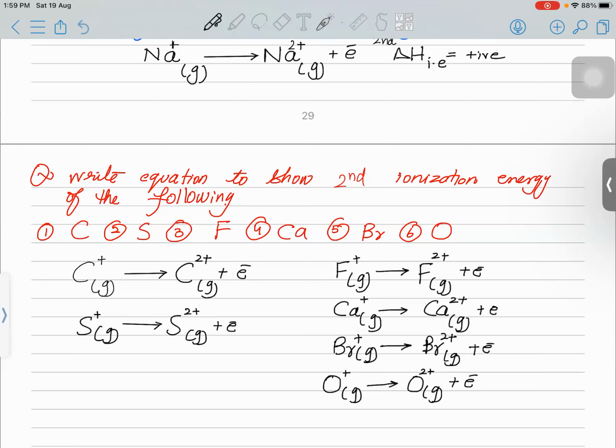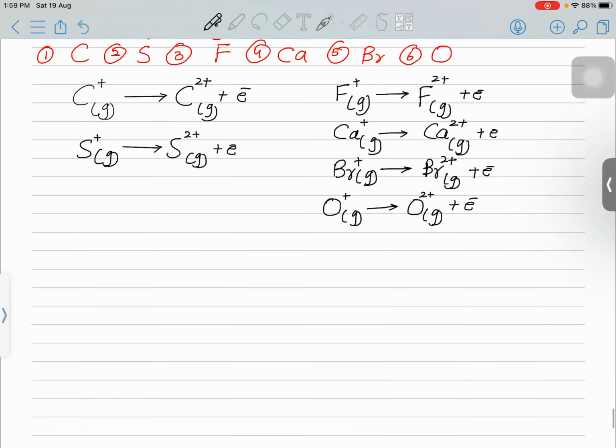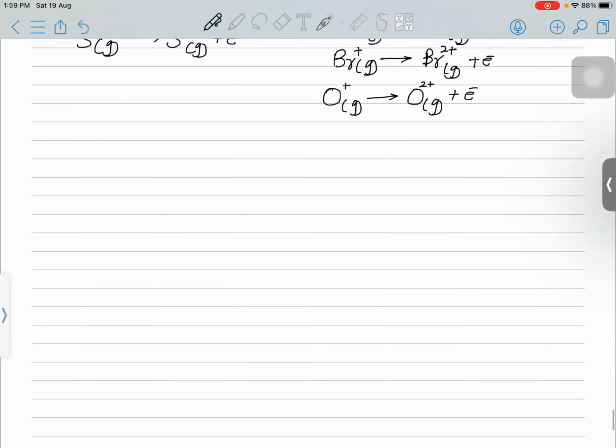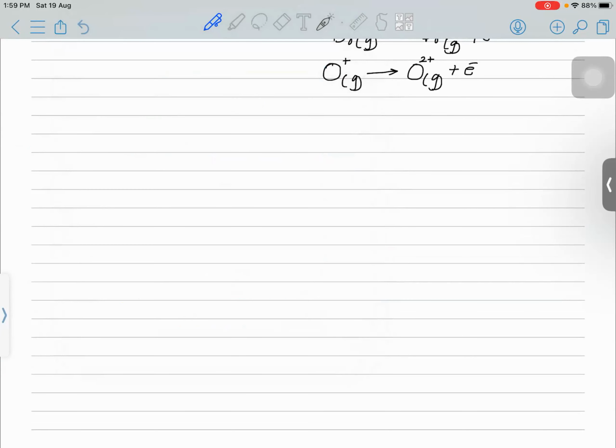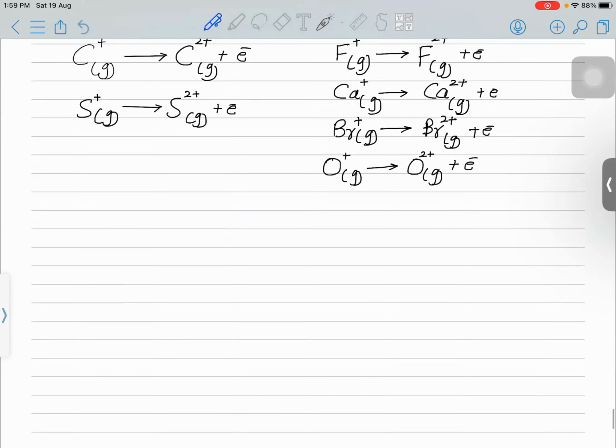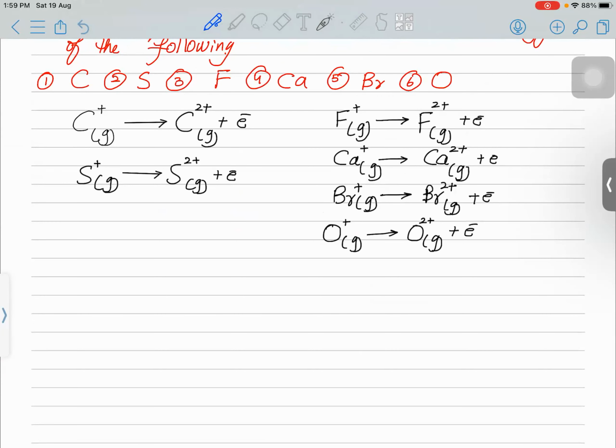Mohammed, can I move forward? Sure, sir. By all means, I get it completely. Okay, Alhamdulillah. Just a quick question, sir. Is the ionization energy on all stages the same for all atoms or elements? No, its value is not the same.